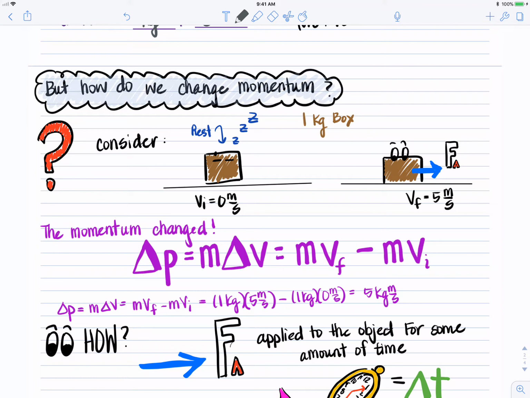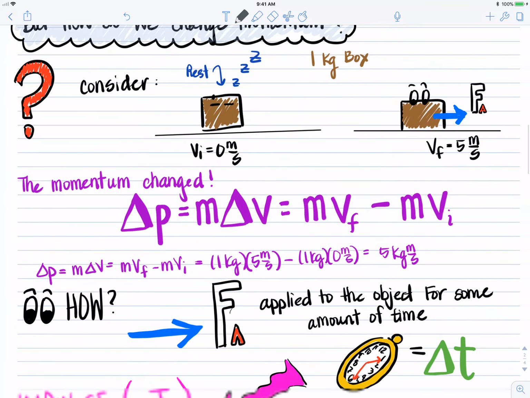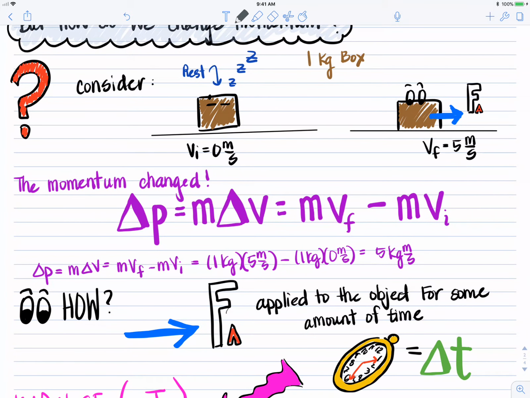Since mass will not necessarily fluctuate through our frame of reference, we know that the delta refers to the quantity velocity. Delta v is represented by vf minus vi, and distributing our m, we get delta p equals mvf minus mvi. Solving for delta p by plugging in our given quantities, we can see that delta p, or the change in momentum for this box, was 5 kilogram meters per second.